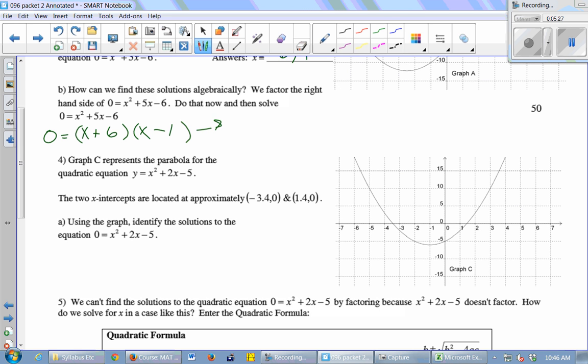So that means that either x plus 6 equals 0 and/or x minus 1 equals 0. And then you have to solve these two equations separately. So x equals negative 6, subtract 6 from both sides, x equals 1. And those are the values that we read off of the graph.